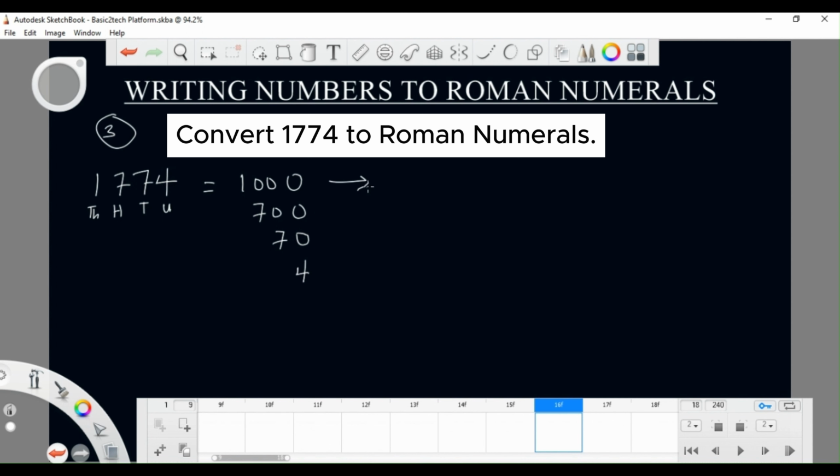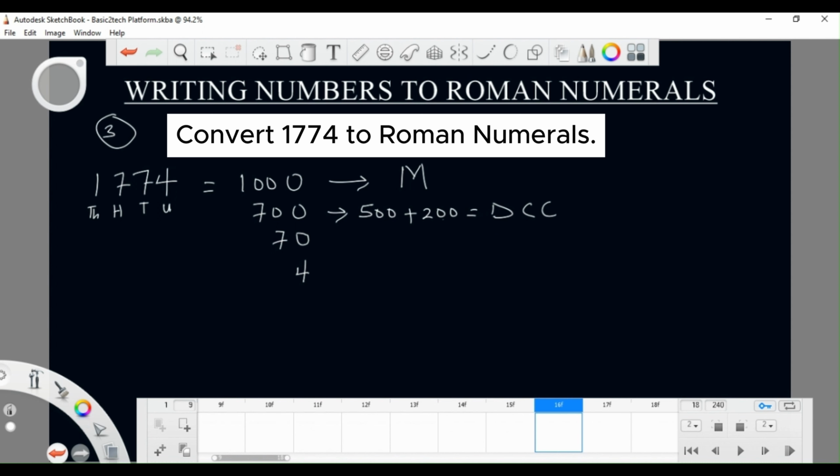From our Roman numeral symbols, 1,000 represents M. Now for 700, we add 500 plus 200, which means 500 is D, 200 is CC.